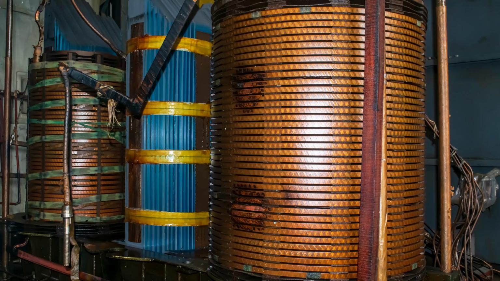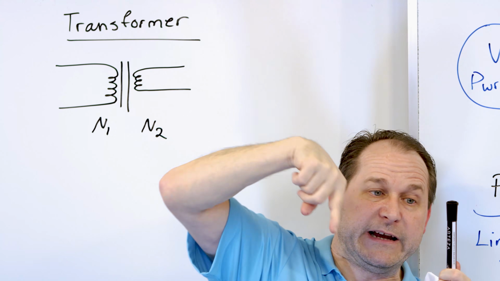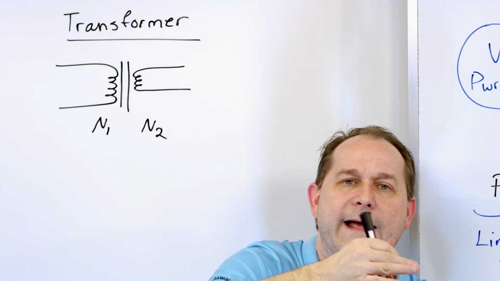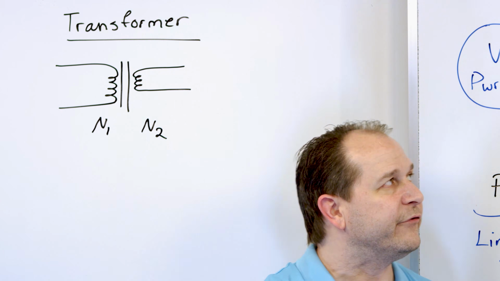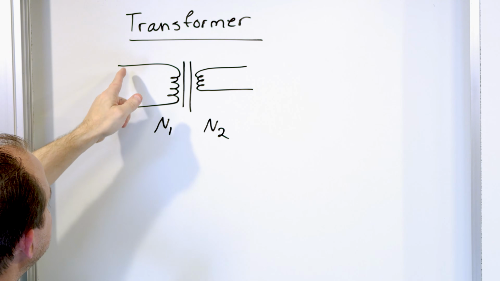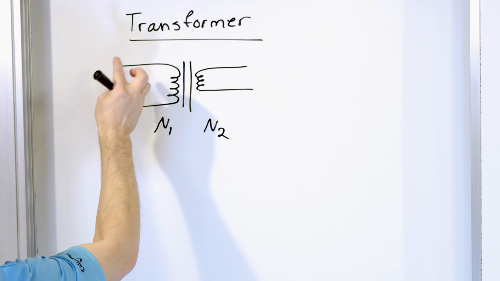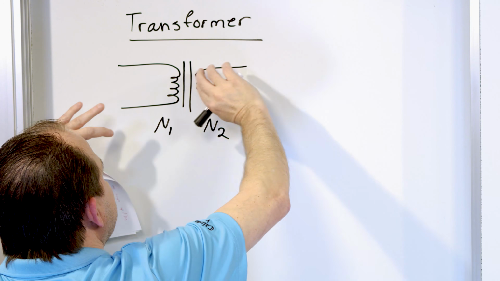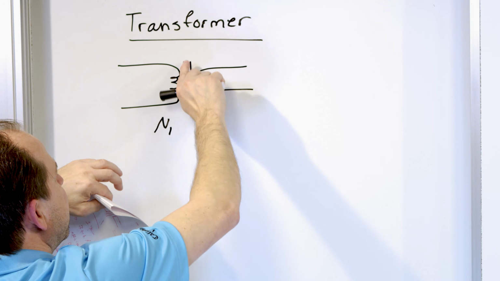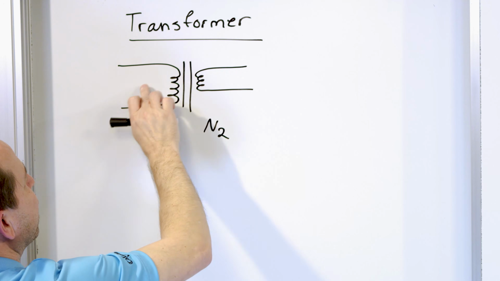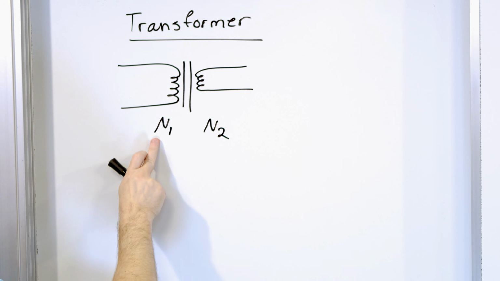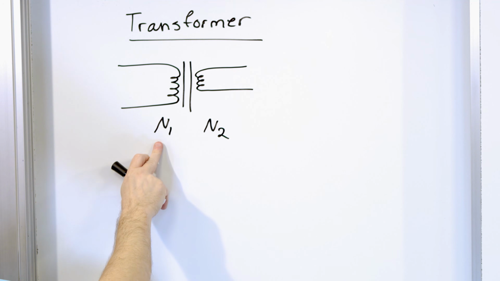So it's literally, pretend this is a piece of iron, a coil of wire wound around it and then another coil of wire wound around the other side. And it turns out that when you have alternating current on this side going back and forth, and you wind another coil of wire on the same magnetic core, then the voltage can be transformed either higher or lower depending on how you choose these turns.